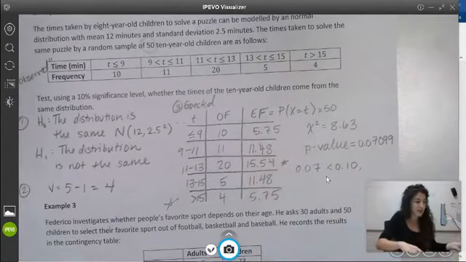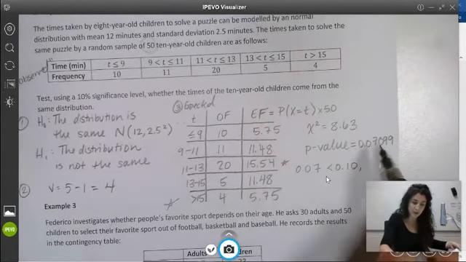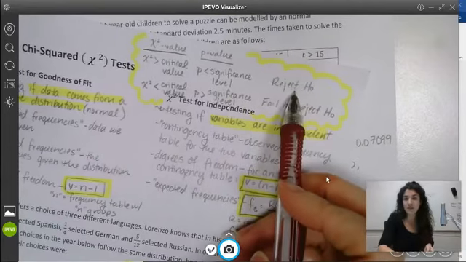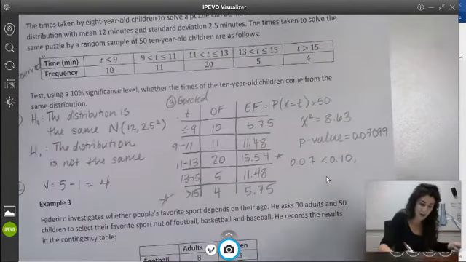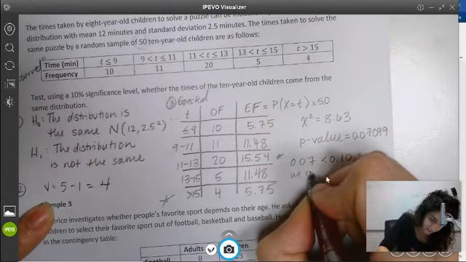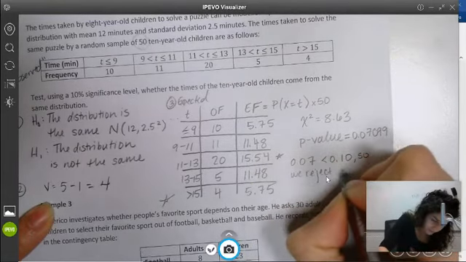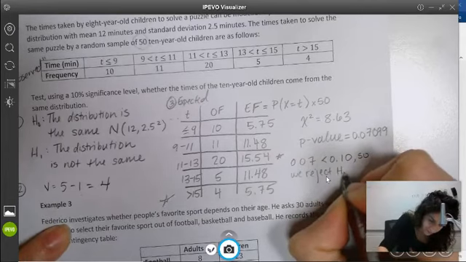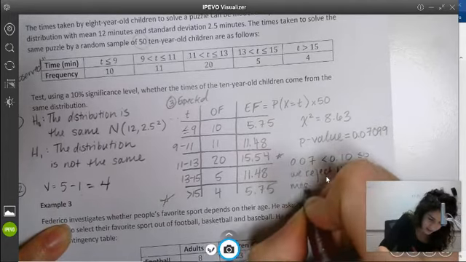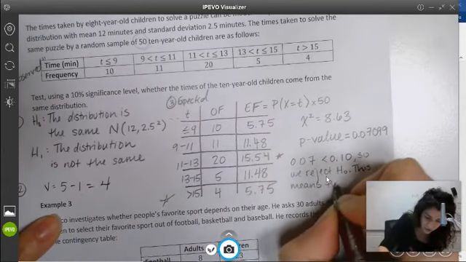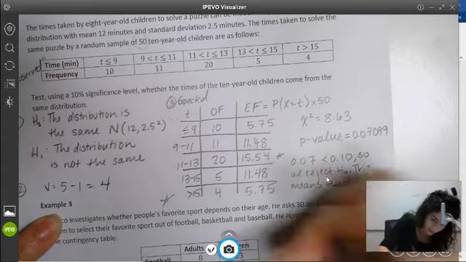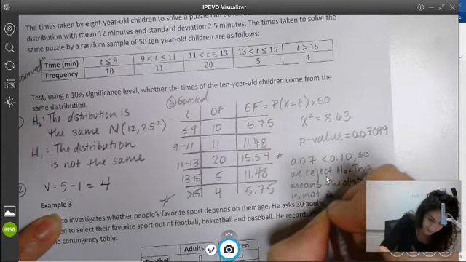And this means, looking back at our table, if your p-value is less than your significance level, then you can reject your null hypothesis. This means the distribution is not the same.